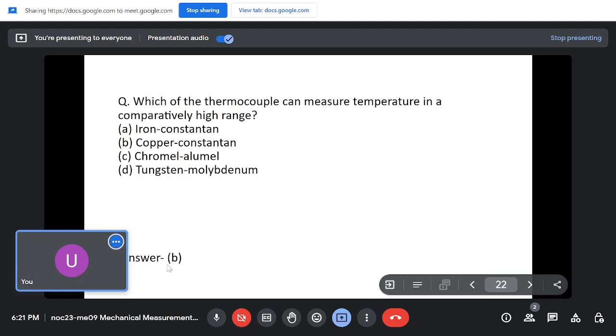Sorry, I didn't remove this, so the answer shown here is wrong. It's not B, so it's something else. Which of the thermocouples can measure temperature in a comparatively high range? Option A, iron constantan; B, copper constantan; C, chromel alumel; D, tungsten molybdenum.